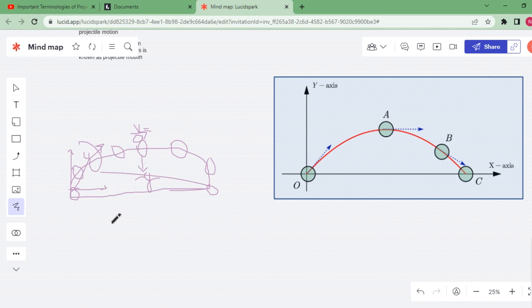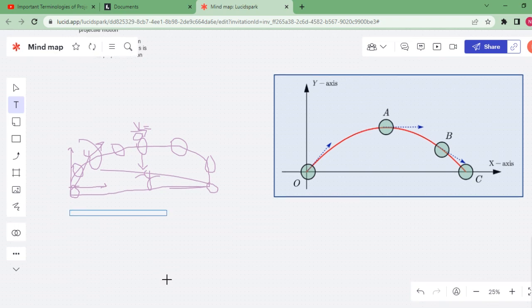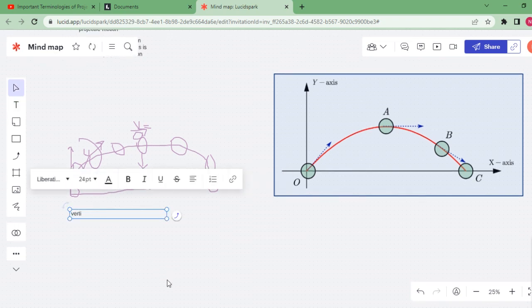So in the projectile motion, let me write this point here. In the vertical direction, minus g is active, while in the horizontal direction the acceleration is zero, and we have constant horizontal velocity.